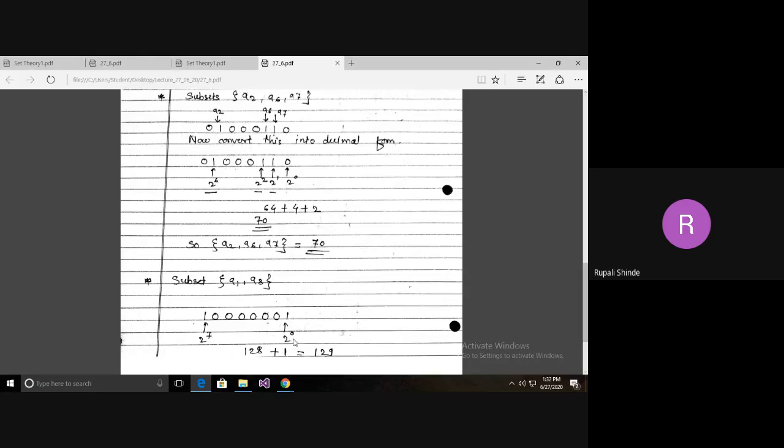Then again for this 1 means what? Presence of the element. That's why 2 raised to 0. Again 2 raised to 1 up to 2 raised to 6, nothing is present there, so we are not going to consider it. And the last one, its value is 2 raised to 7. So 128 plus 1 will give you 129. Okay. So 129 is the correct answer.